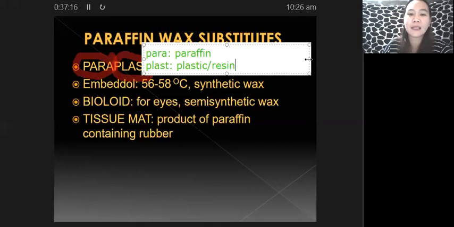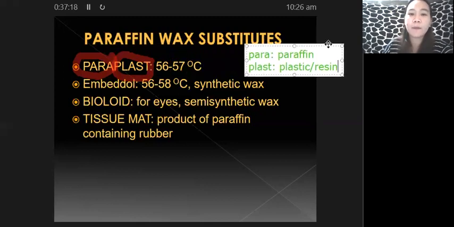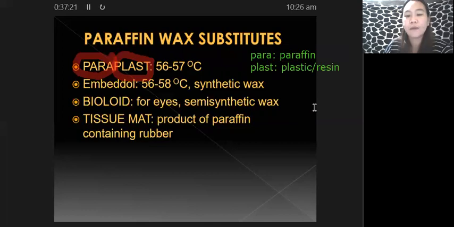So the good thing about it containing a plastic or a resin is that your paraplast is more elastic and resilient as compared to your paraffin wax. And since it is more elastic and resilient due to the presence of your plastic, it provides better ribboning.